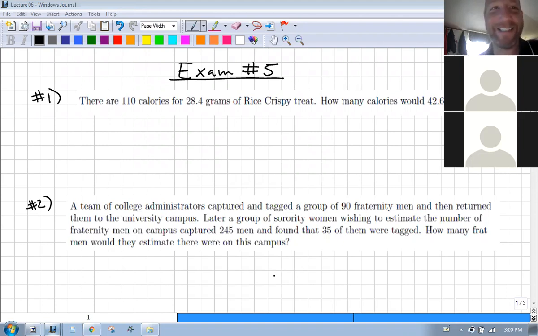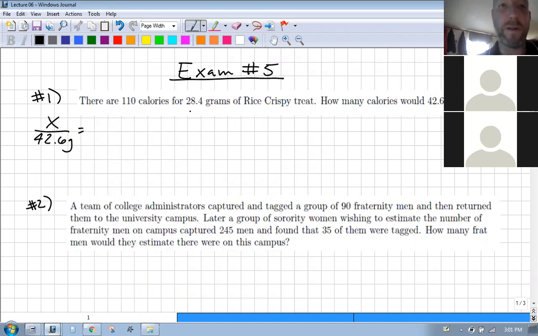Here's last week's exam. We have 110 calories for 28.4 grams of Rice Krispie treat. How many calories would 42.6 grams have? Let's compare X calories to this 42.6 grams.